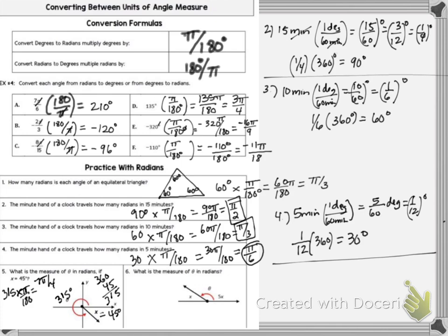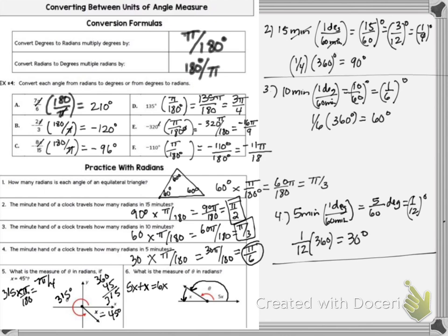Okay, then it says, what is the measure of theta in radians? Well, from the initial side all the way to the terminal side, they're saying that's 5x. And then from the terminal side down to the x-axis, that is x. So if I add both angle measures, that's 5x plus x, I get 6x.